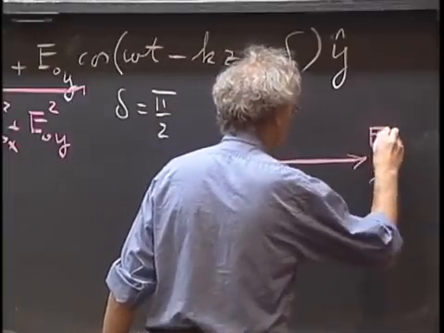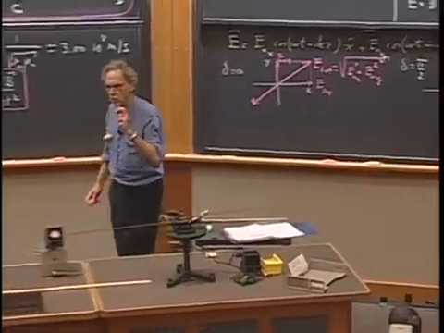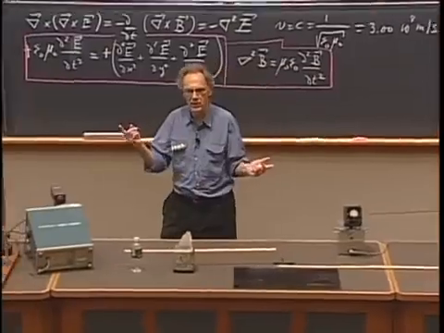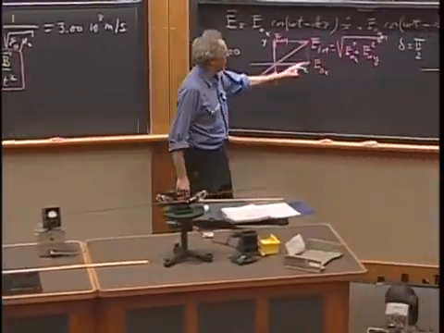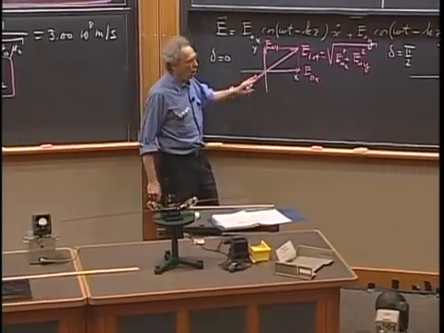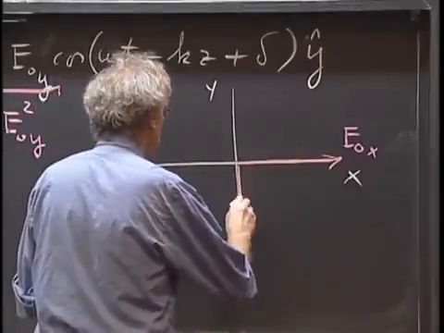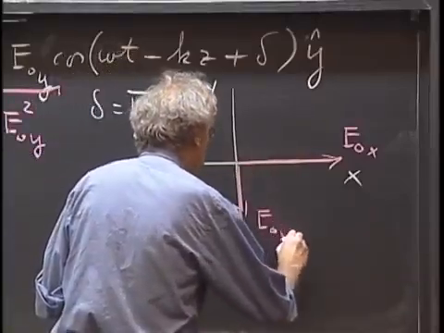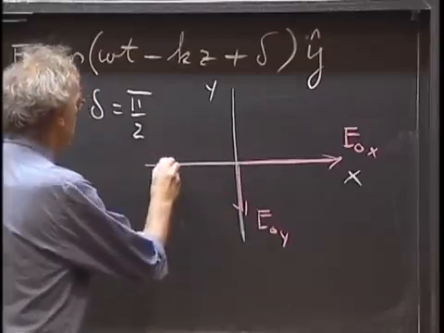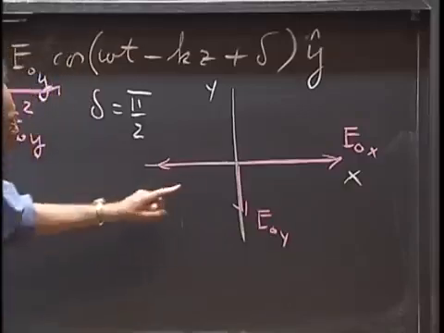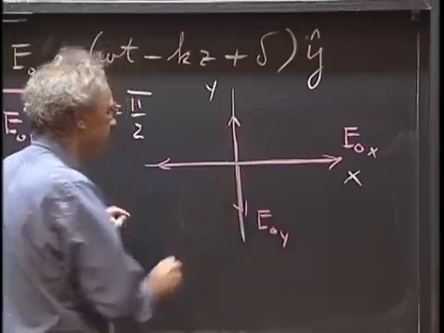So this is the vector, E0x. But now E0y, the E vector in the y direction, is 0, because they're 90 degrees out of phase. And so if this one reaches a maximum, this one is 0. A quarter period later, this one becomes 0, but now you have here E0y. A quarter period later, this one is back to 0, and now this one is here. And a quarter period later, this one is again 0, and this one is here.